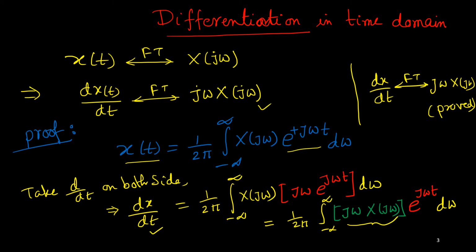Now we'll try to understand a few applications of this property. Now we consider some use of this one. The first one: suppose we want to find the Fourier transform of the pi function, pi of t upon 2T, using this time differentiation property.